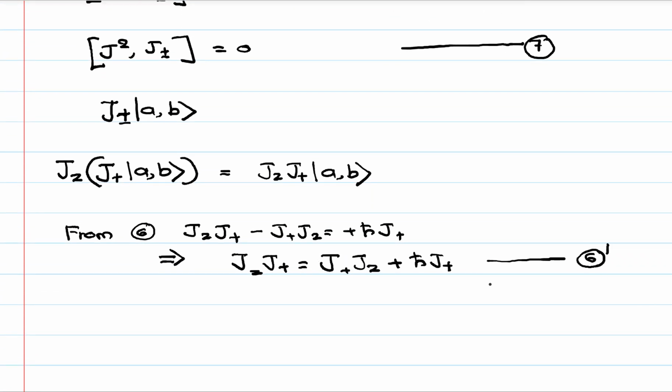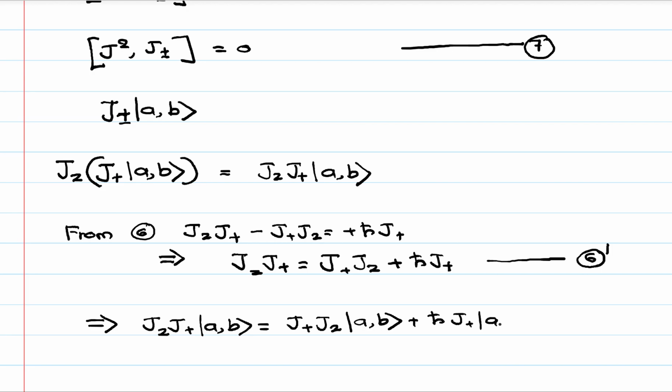So equation number 6 prime, let's substitute this equation. That implies Jz J+ acting on ket |a,b> is equal to, substituting the right hand side, J+ Jz acting on ket |a,b> plus ħ J+ acting on ket |a,b>.